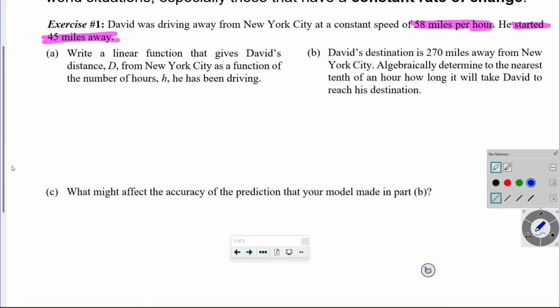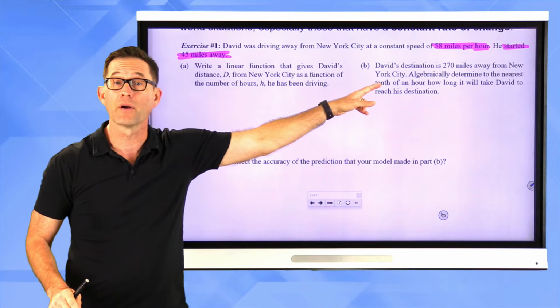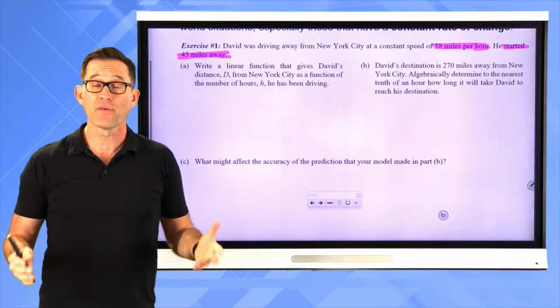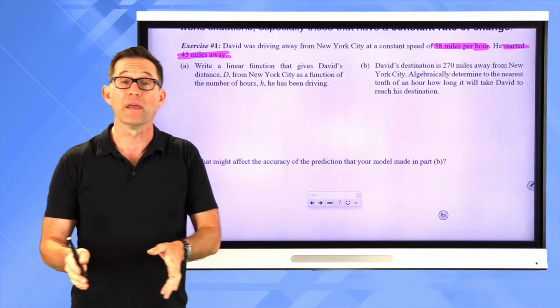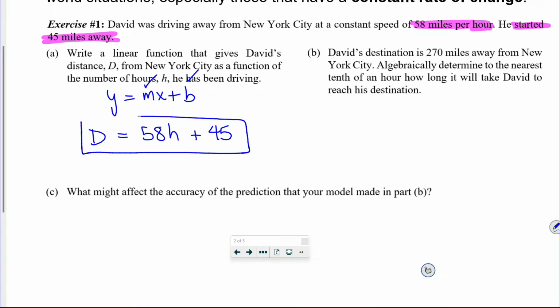So if you see a rate, 58 miles per hour, and a starting value, 45 miles away, then we've got both our m and our b. So if we're thinking about y equals mx plus b, I'm going to put it in terms of d. My distance is going to be 58 miles per hour times how many hours I've driven, plus that 45 miles that I started away.